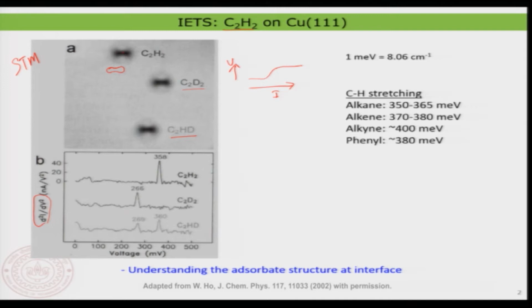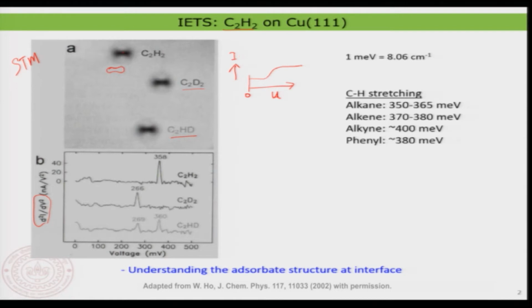You should normally see a symmetric step-like feature with respect to 0. I am sorry, this is wrong. Here I have the voltage and here the current.